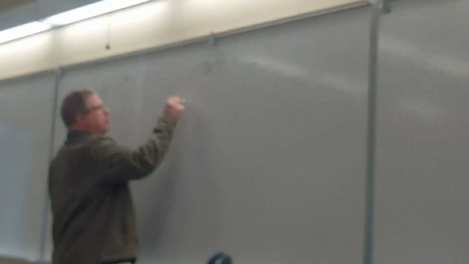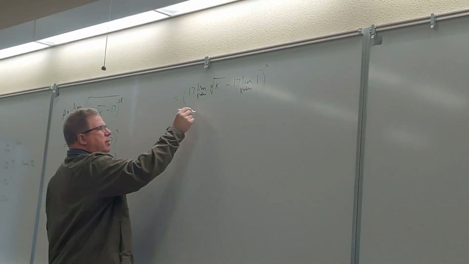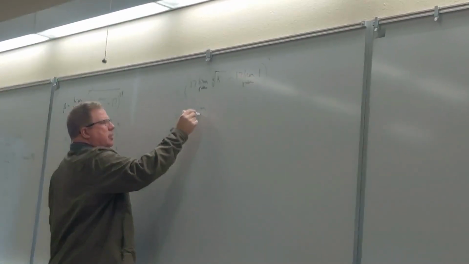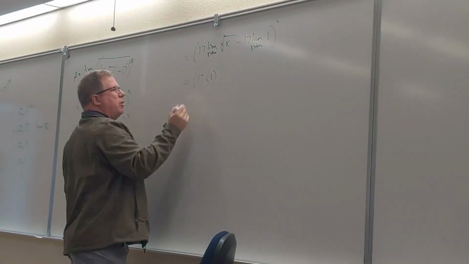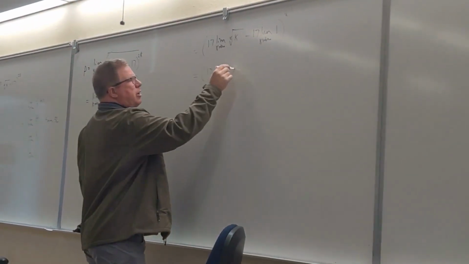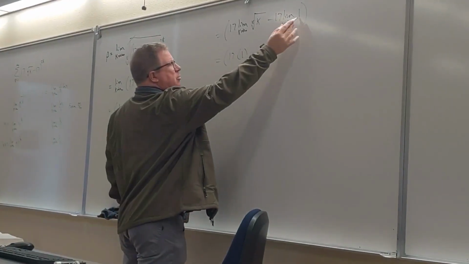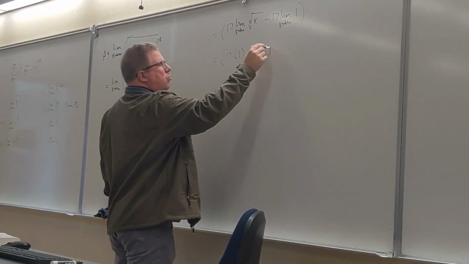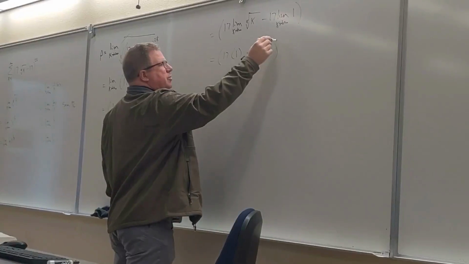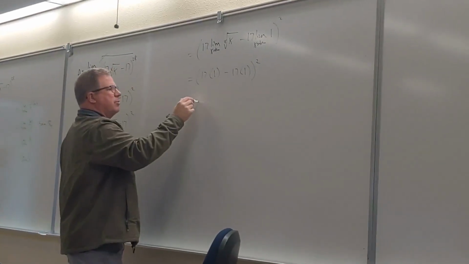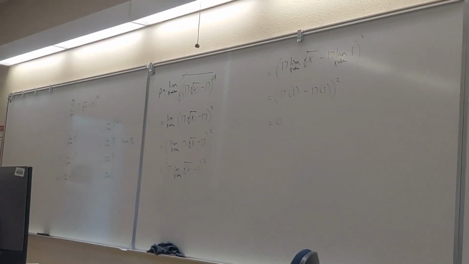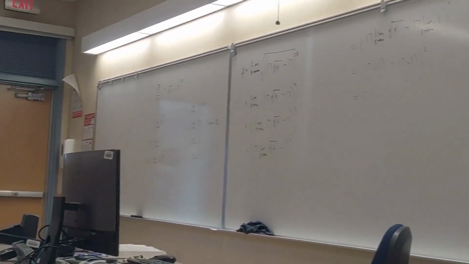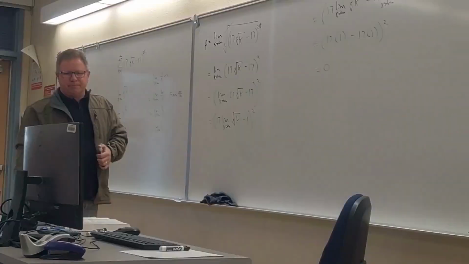This limit is 1. So we have 17 times the limit, well, that limit is 1, times 1, minus 17 times the limit of 1, which is 1, and all this is squared, that's 0. Now what does the root test say? It converges absolutely.